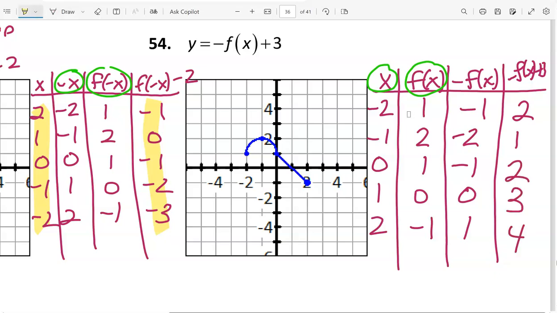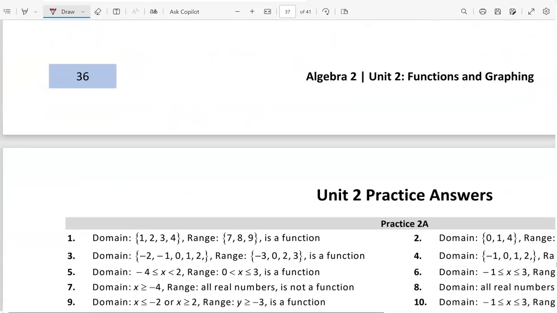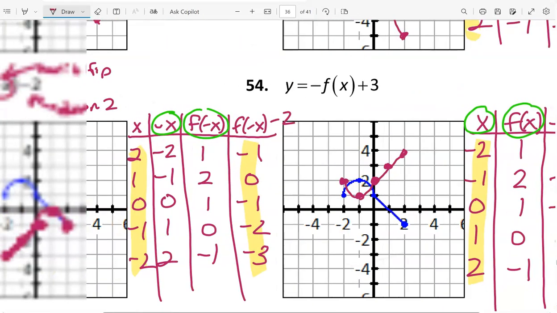And first and last columns give the x and y values for the transformed function. -2, 2, -1, 1, 0, 2, 1, 3, and 2, 4. So this graph has been flipped vertically and moved up 3. And that is it.